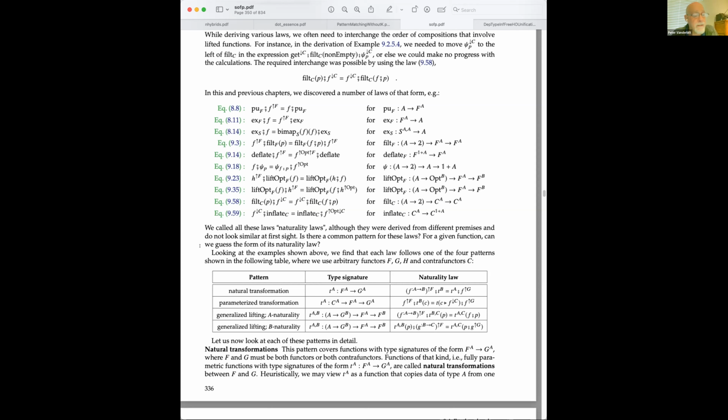Maybe they'll fit into this structure. Right, if they fit into this box, then perhaps a lot of the work has already been done for us. I see that most of this appears to be from filter, right? Like about 2/3 of the examples here are from filter. Filter seems to be a good deal more complicated than the other structures that we've looked at.